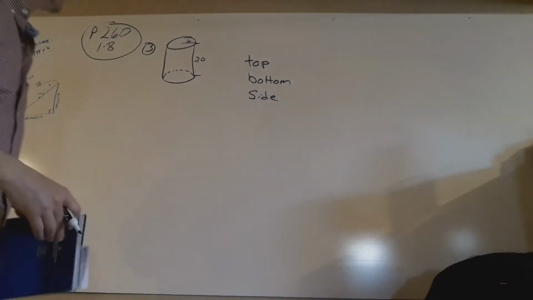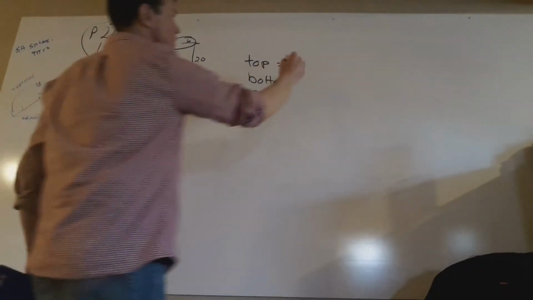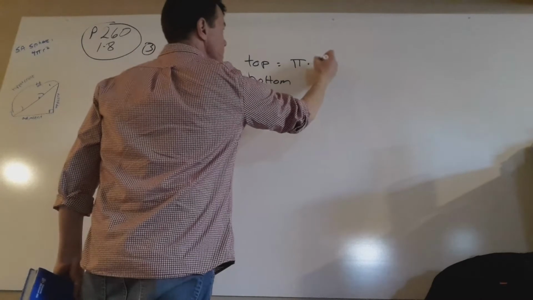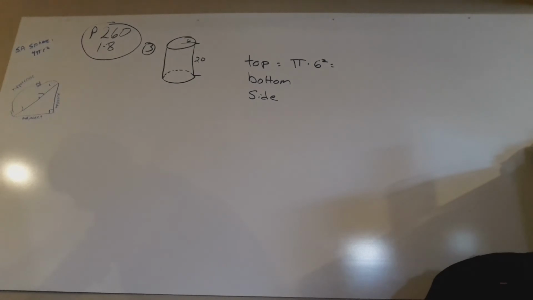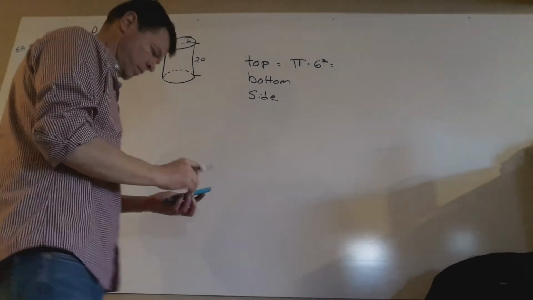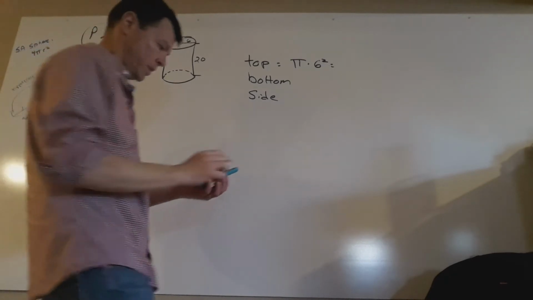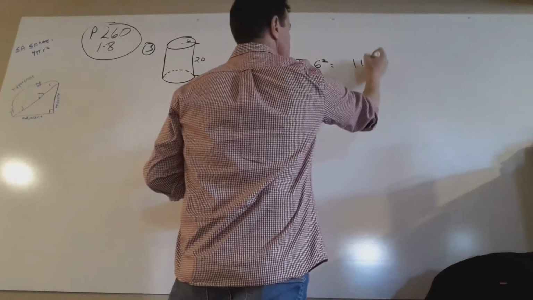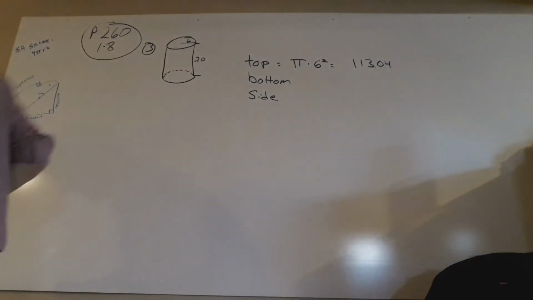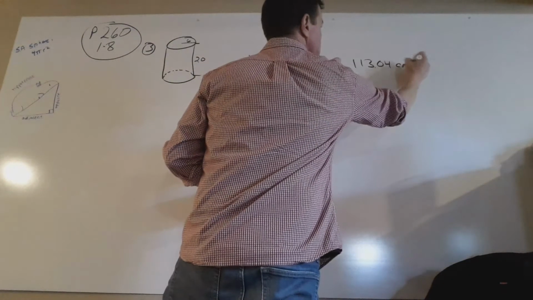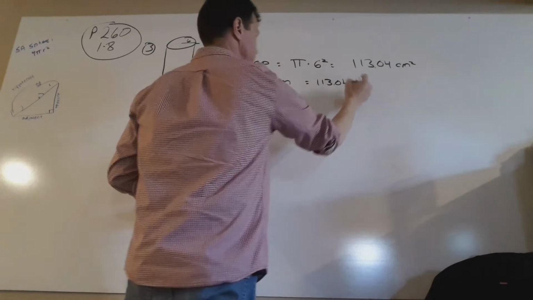The area of the top: remember, area of a circle is pi times radius squared. So pi times 6 squared, 36 times 3.14, 113.04 centimeters squared. The bottom is the same thing, 113.04.